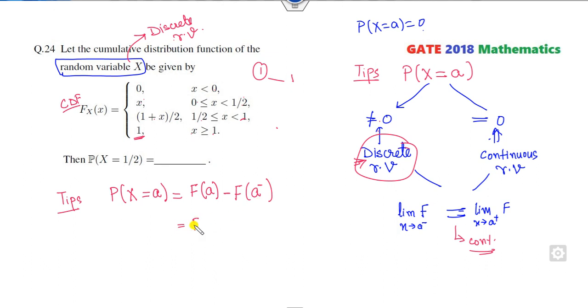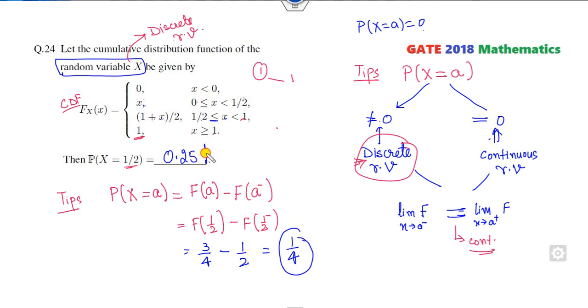So F of half is 3 over 4, because we need the value at half, minus F of half negative, which means the limit at a negative. It is 1 by 2. So the right answer is 1 over 4. So 0.25 is the correct answer of this problem.